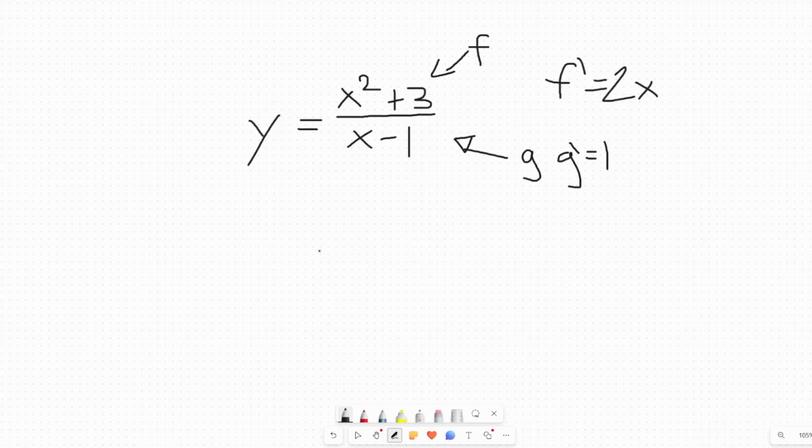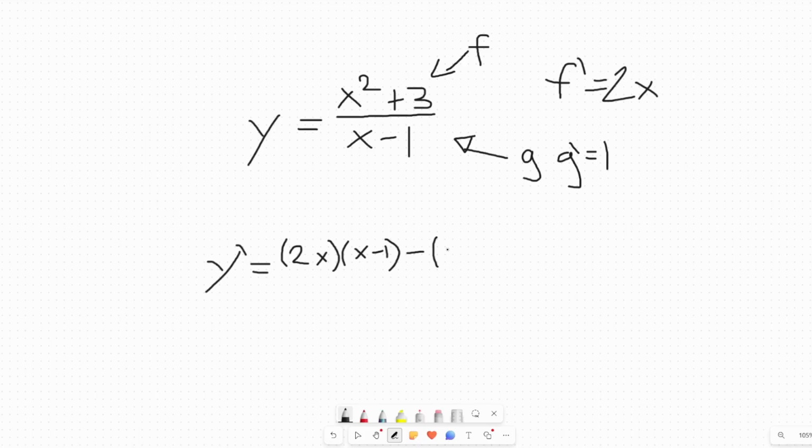All right, so plug it in again. So y prime is equal to 2x times x minus 1 minus, remember, not a plus, it's a minus. That's the only difference between that and the product rule.